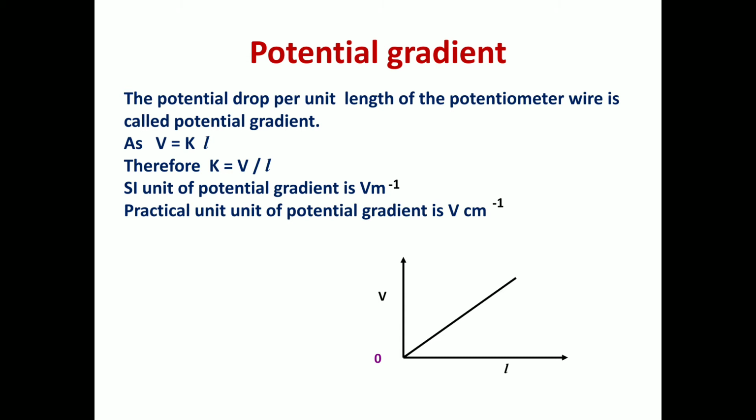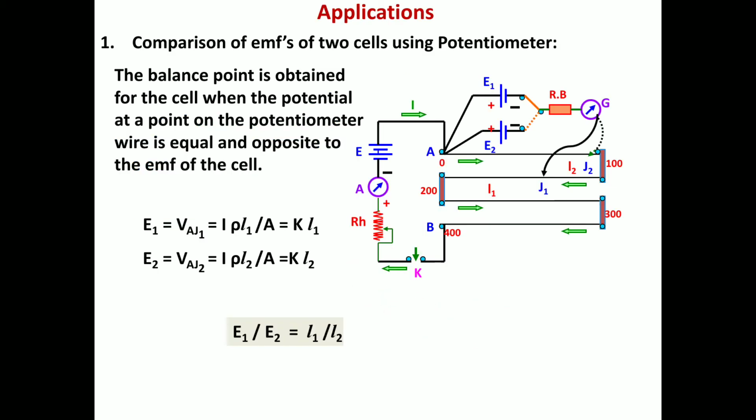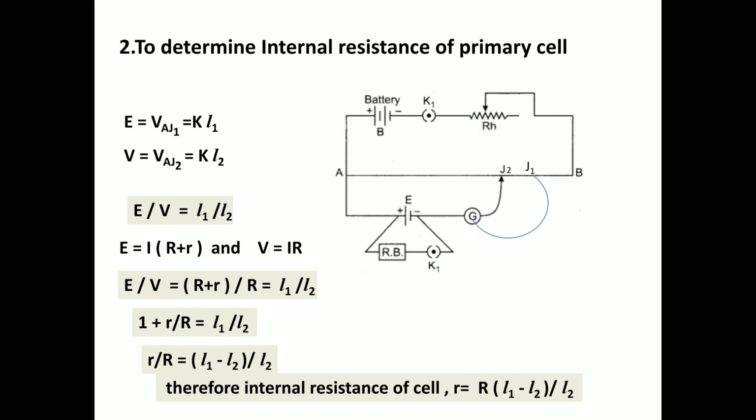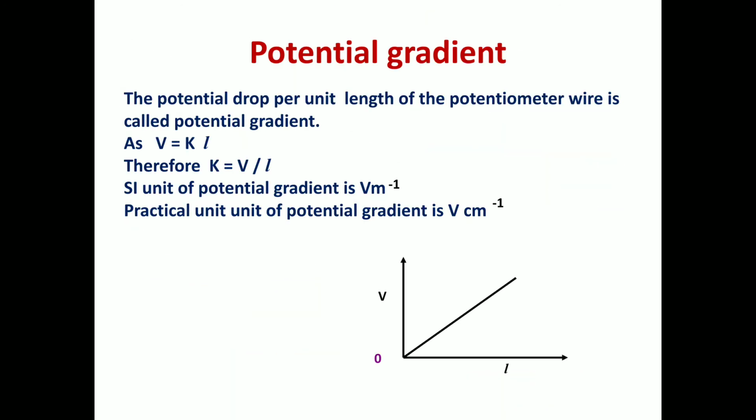So the practical unit of potential gradient is volt per centimeter. If we plot a graph between V and L, we get a straight line. This straight line indicates that V is proportional to L. The slope of this graph gives the potential gradient. The more the slope, the more the potential gradient.